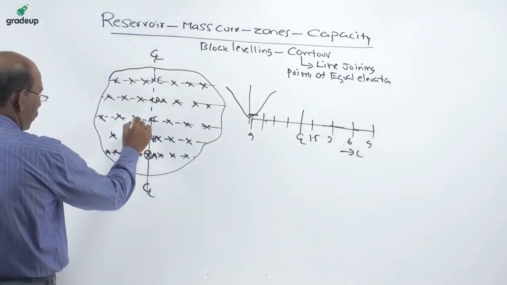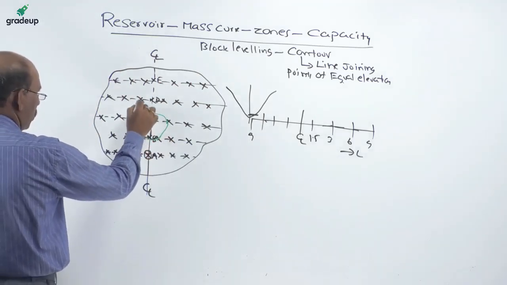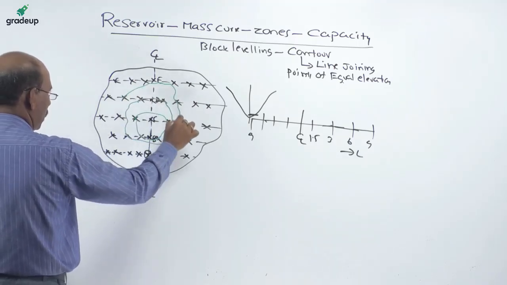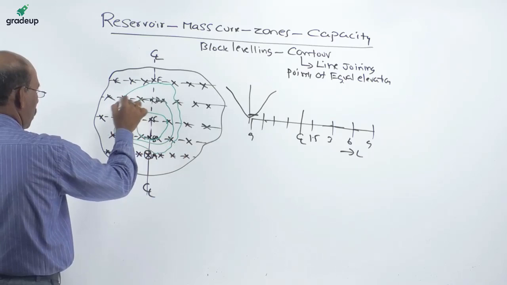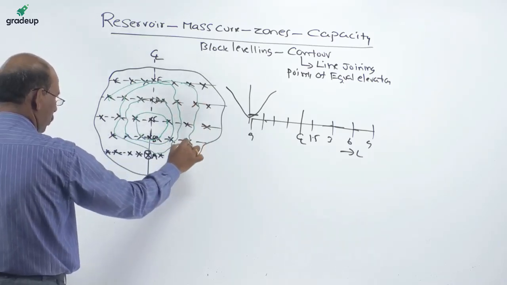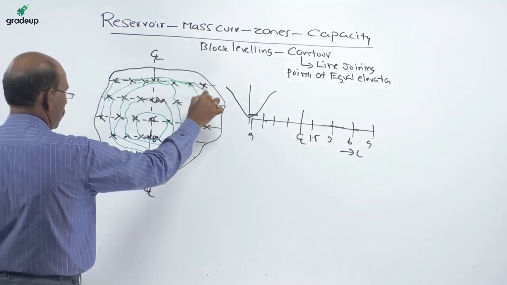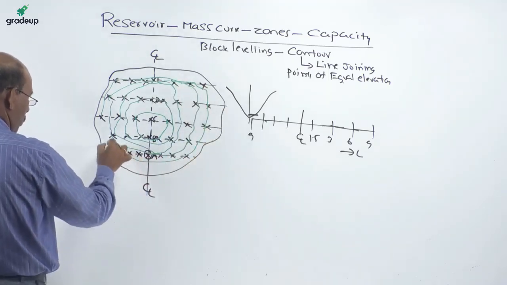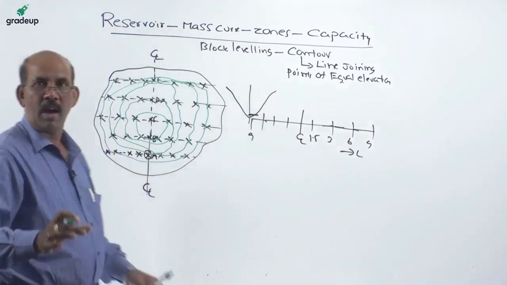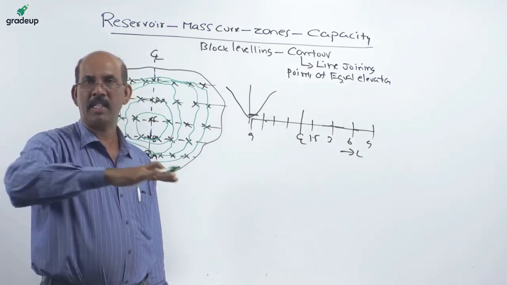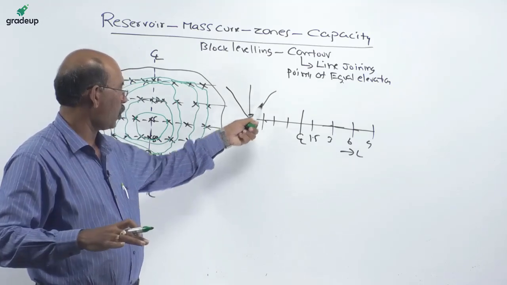Let us develop: this is one contour, this is another contour, this is another contour, and this is another contour. Like this I have developed a contour plan, and it's a rising elevation from lower to higher.